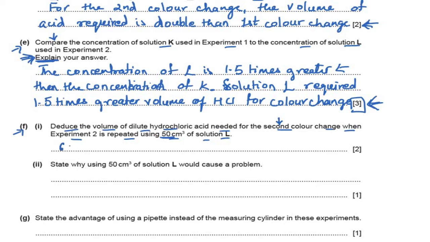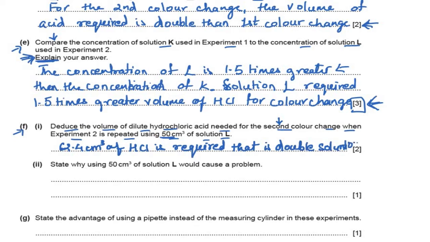So we will write 62.4 centimeter cube of HCl is required. That is, double the solution is required. So that is how, as we are giving a specific volume, we'll get 2 marks fully for it.